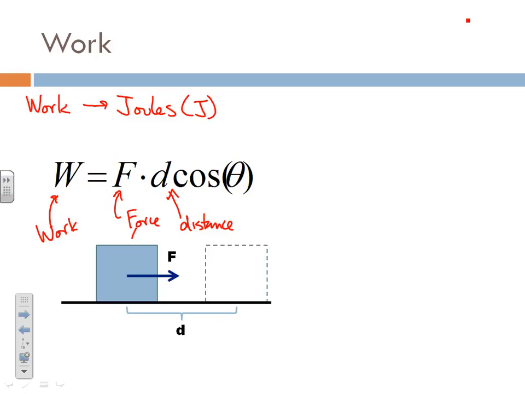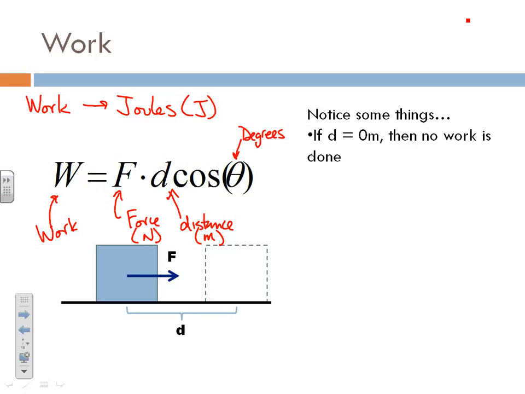We're already familiar with force. Force is measured in newtons. Distance is going to be measured in meters, and theta is again going to be in degrees. So I want to point some things out about this equation about whether or not work is actually going to be done. So first, let's think about whether or not distance is 0.